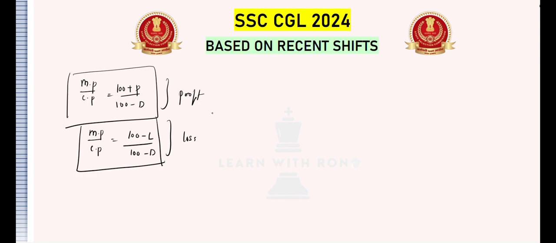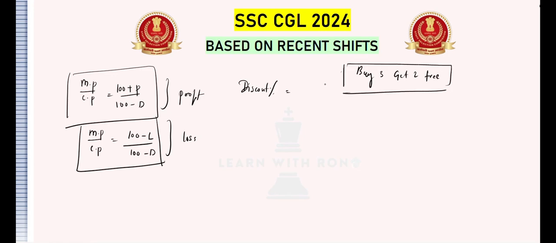Okay, and next, in profit, loss and discount, you need to know how to find the discount percentage for free articles. Like they say, buy 3 get 2 free. If they give this kind of statement, you need to know how to find the discount percentage, right? The formula is number of free articles divided by total articles, multiplied by 100.